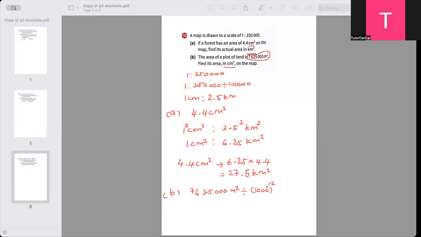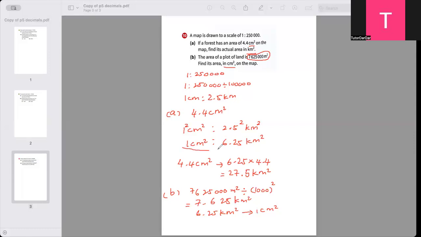Why 1,000 square? It is because 1 kilometer got 1,000 meter. Because of this square, I have to make this square as well. So you will get 7.625 kilometer square.